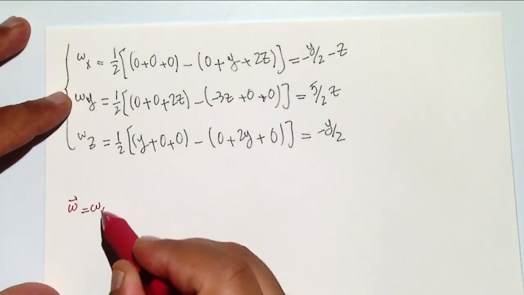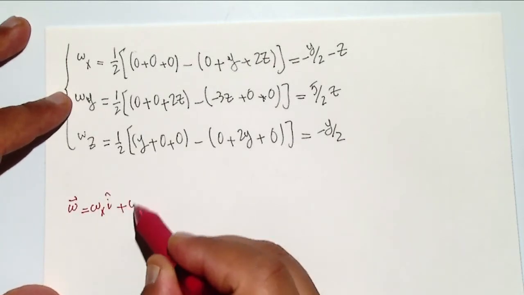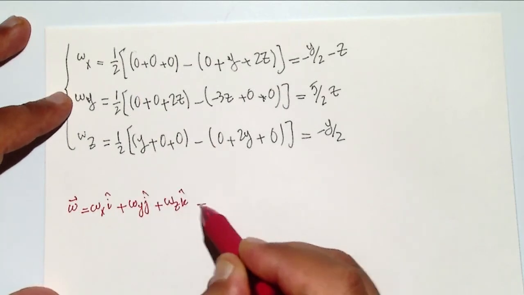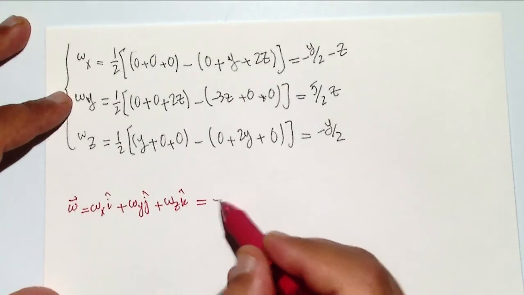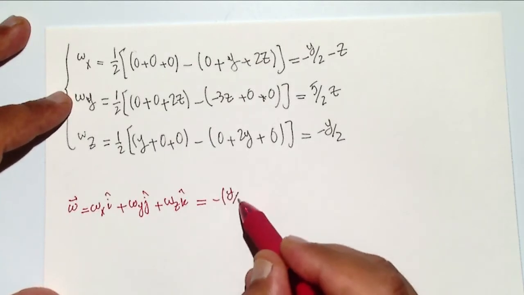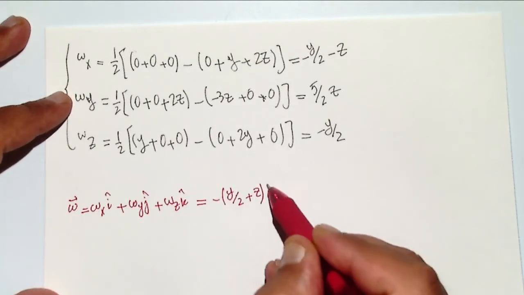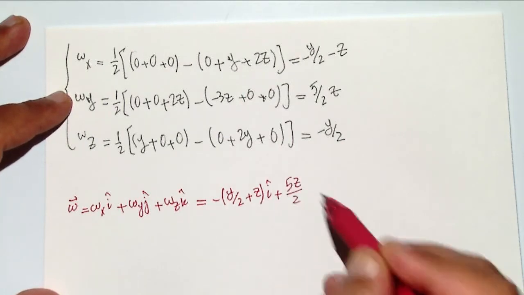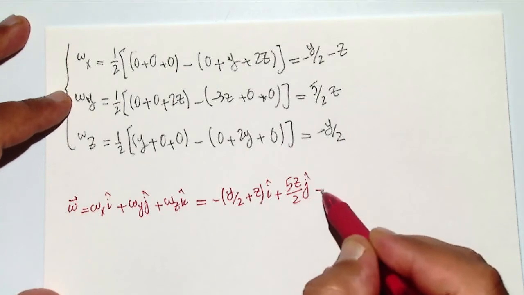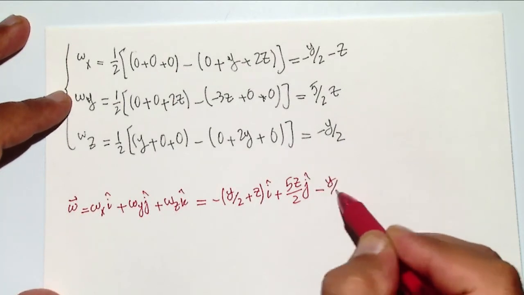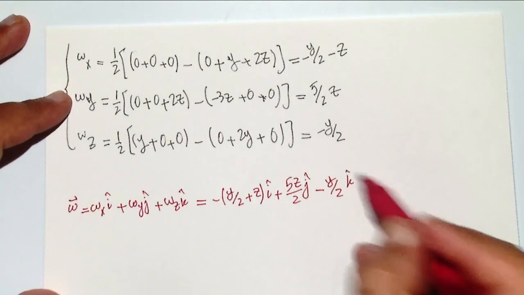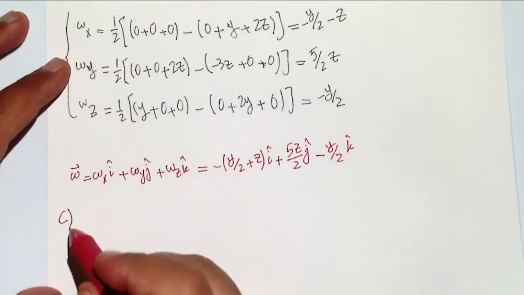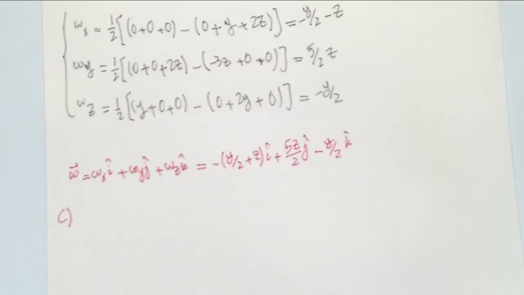So wx i plus omega y j plus omega z k has to be minus y over 2 plus z i, plus 5z over 2 j, minus y over 2 k. That's your rotation vector. So part C asks whether the flow is rotational or irrotational.